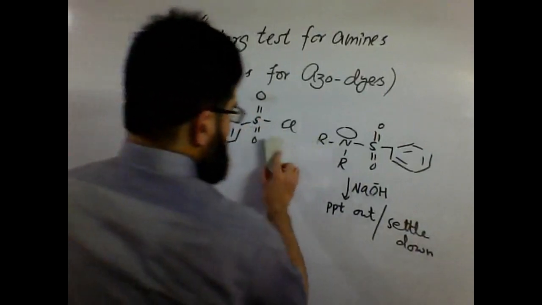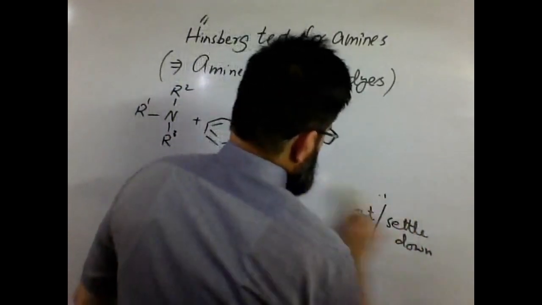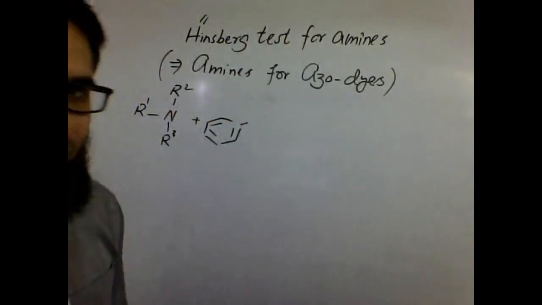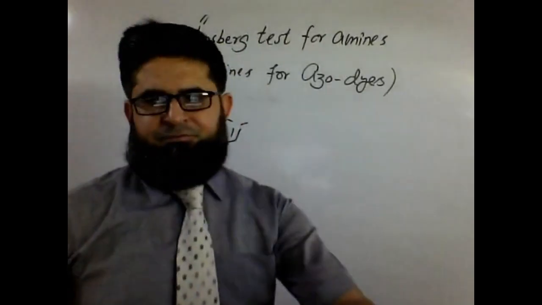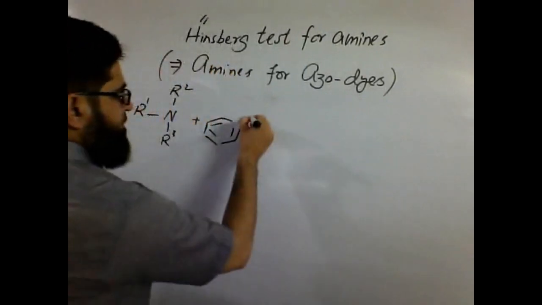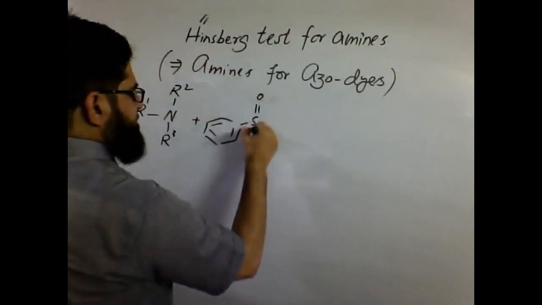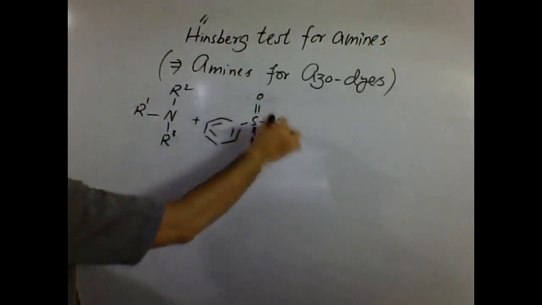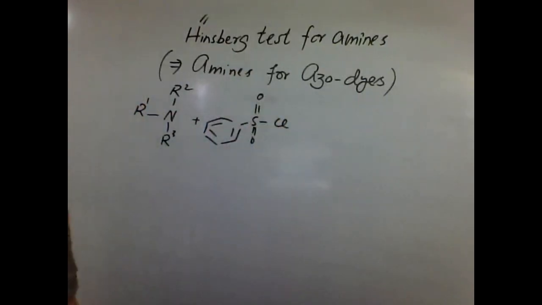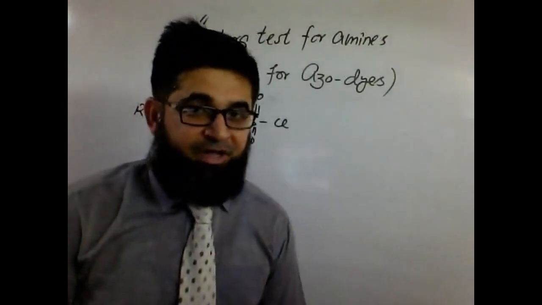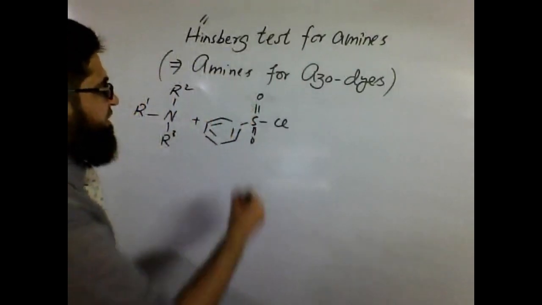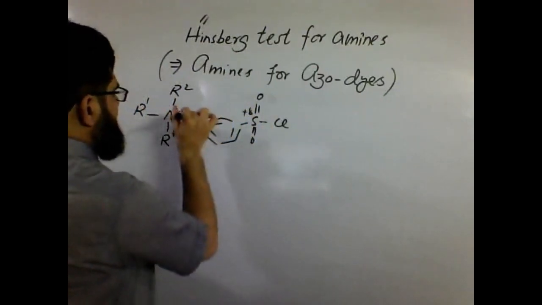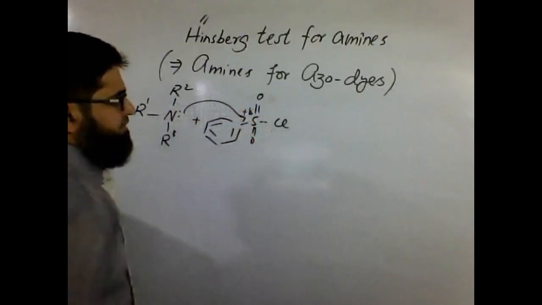So what's going to happen then? Let me make it a bit more clear. Again, sulfur, the presence of again 3 substituents, 3 negatives around the sulfur creates a partial positive, as I told you earlier, giving a chance for the lone pair to attack at this sulfur.